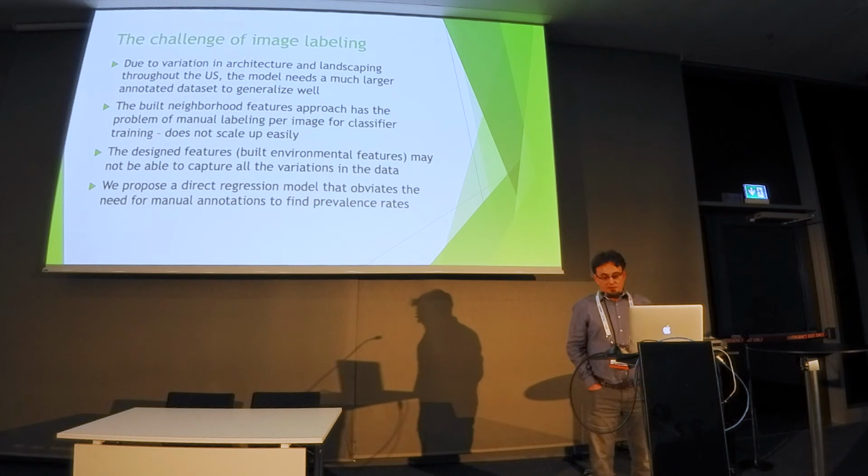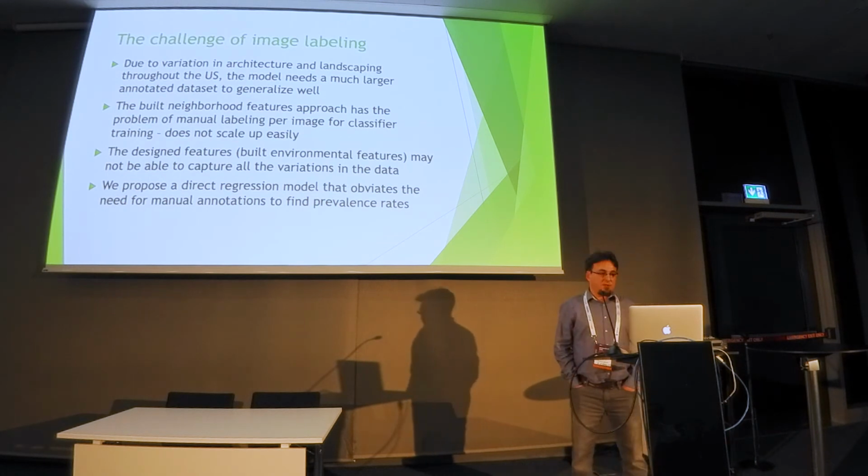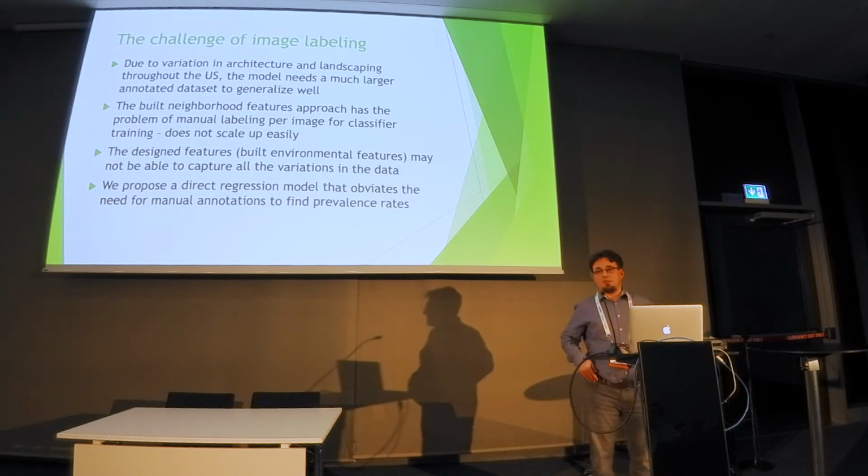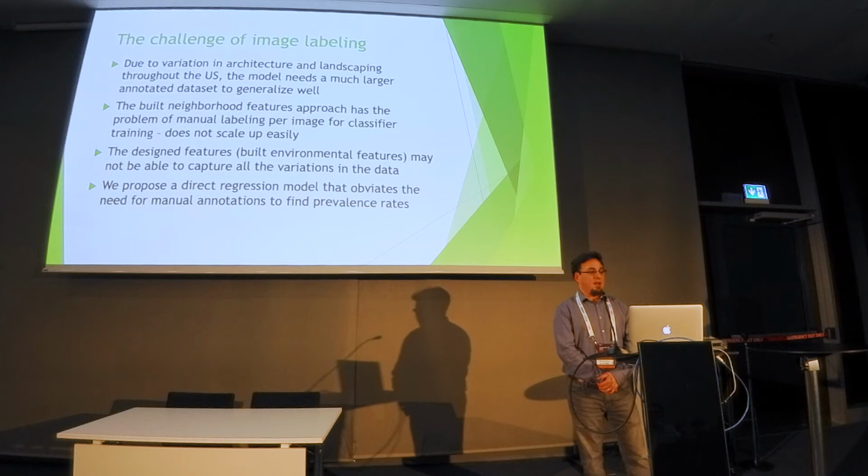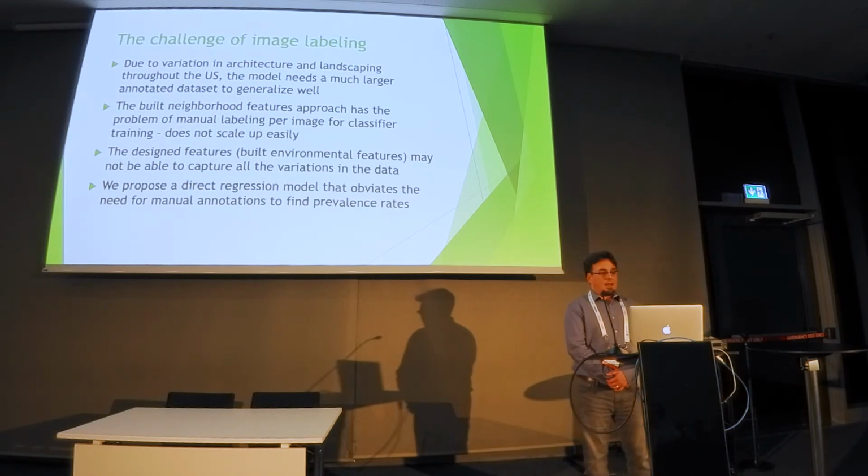But this brings us to a challenge: when we're looking across the US, having labeled images from 3 cities is not sufficient because there's a lot of variation in architecture and landscaping across the US. So the model would need a much larger annotated training set to generalize well. And of course, that's costly and hard to do. So can we get away from that?